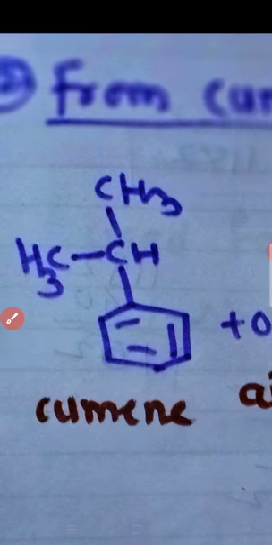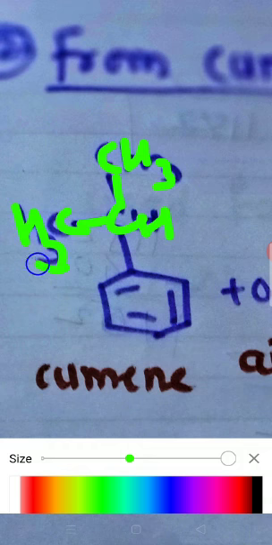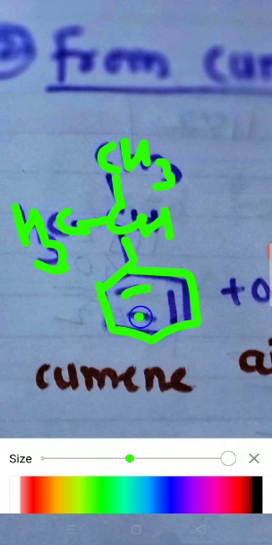The second process is from cumene. Cumene means isopropyl benzene. This is the isopropyl group, with CH3 groups and CH, and the benzene ring is attached to that group.